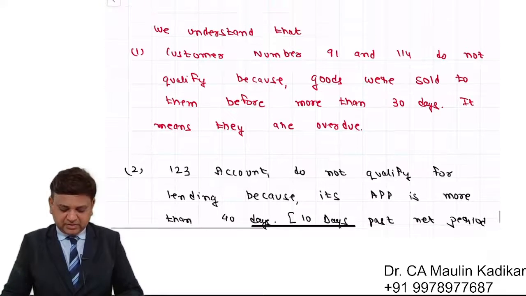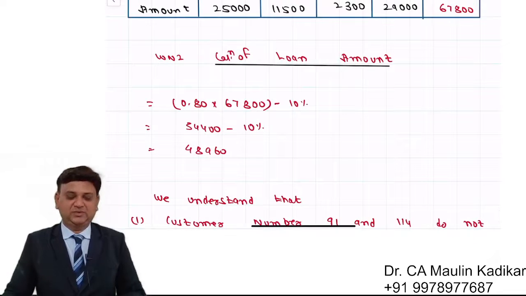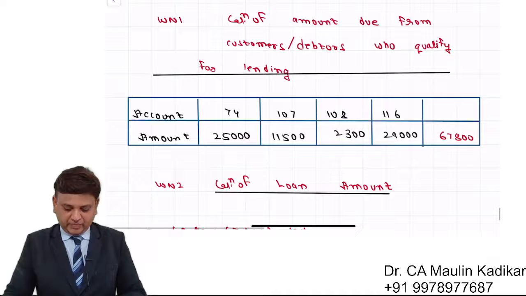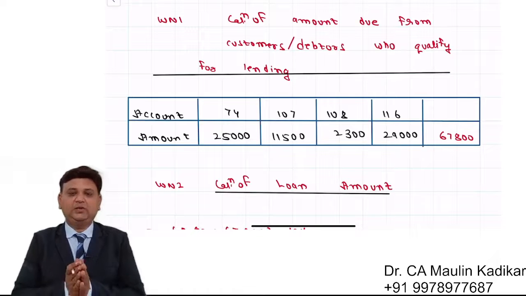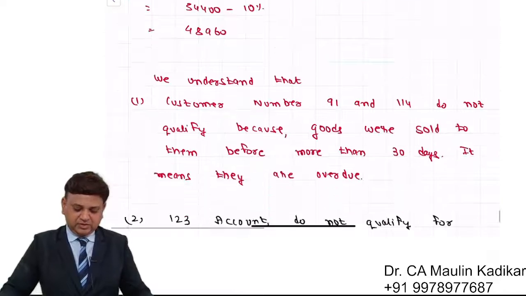So we have to calculate the answer of the loan amount like this. First of all, we have calculated which customers do not qualify for lending, then the loan amount is calculated.